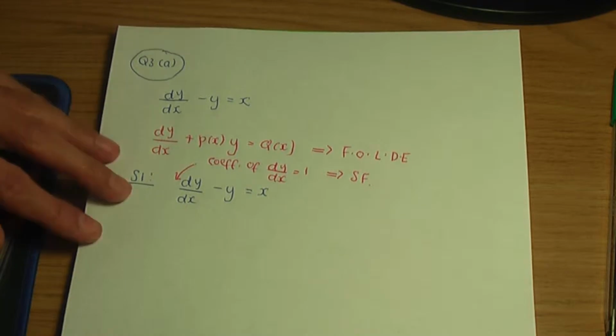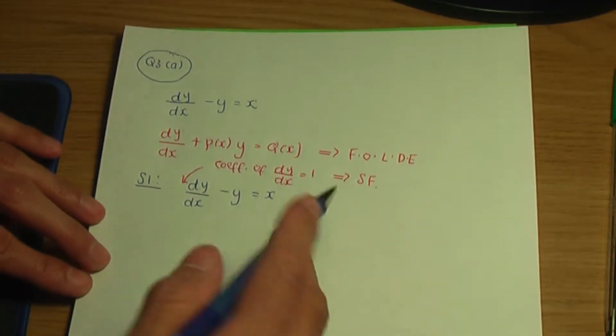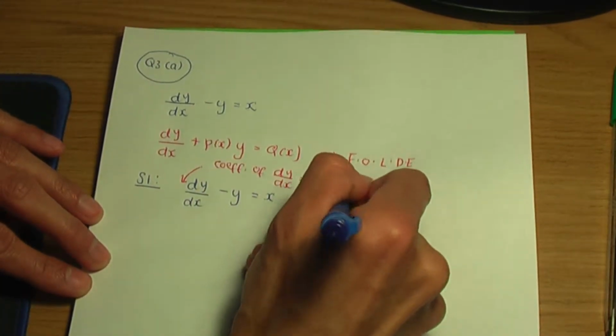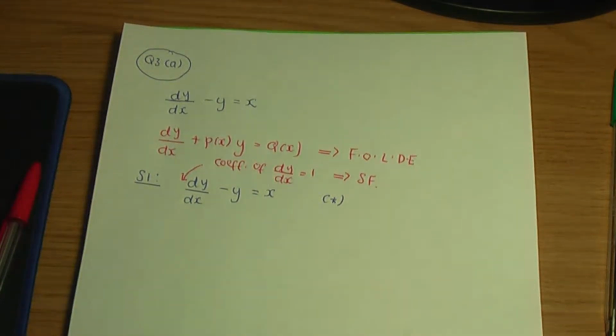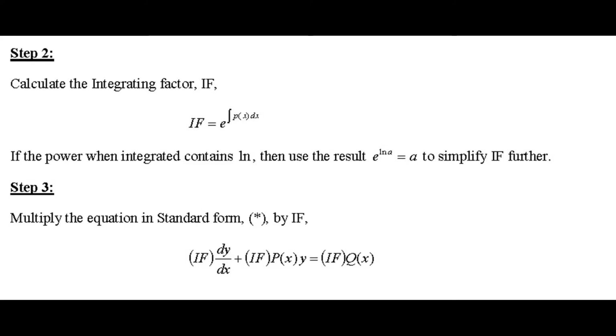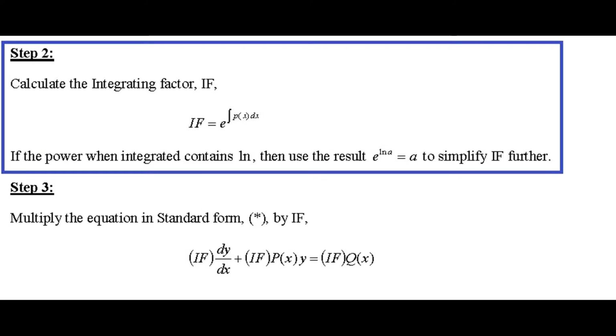Now what I tend to do is I name the standard form equation, so I'm going to name that star. So star is my standard form equation. Now let's have a look at what step number 2 is. So back to the screenshot. Now step number 2 is we need to calculate the integrating factor, and that is abbreviated by IF.